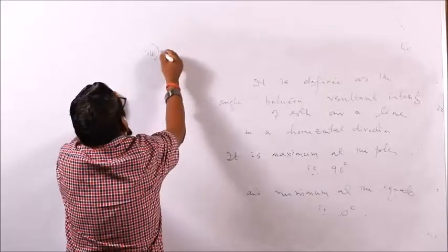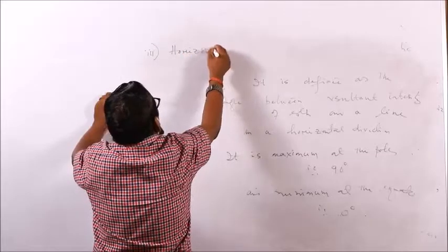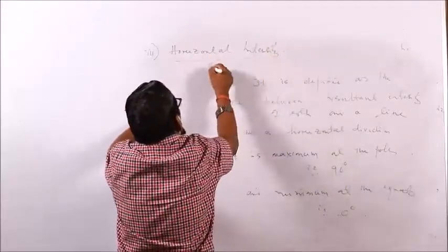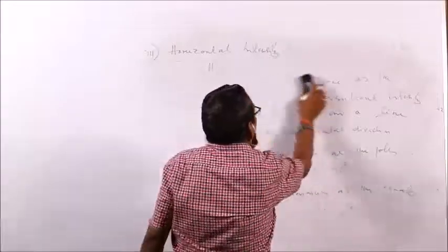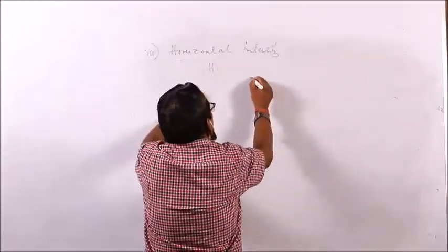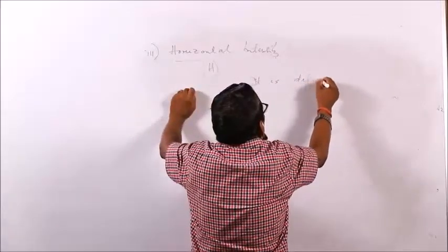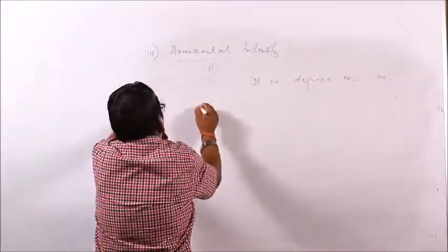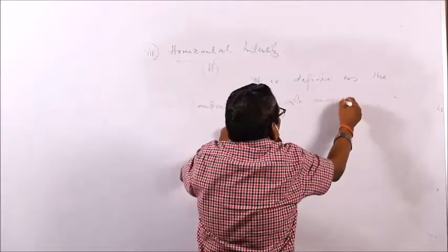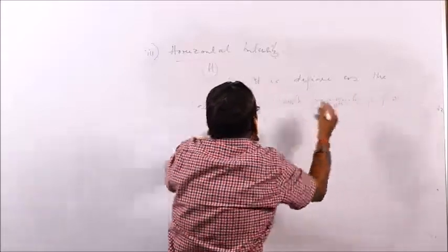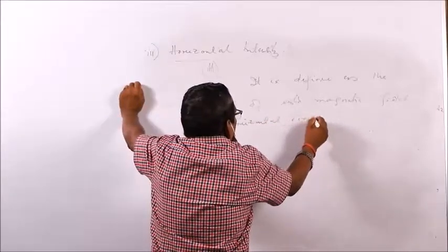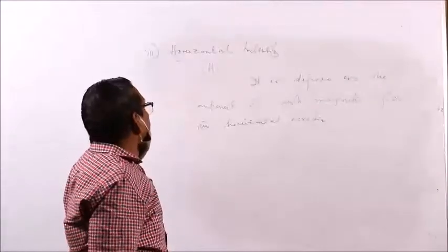The symbol is H. It is defined as the component of Earth's magnetic field in the horizontal direction.